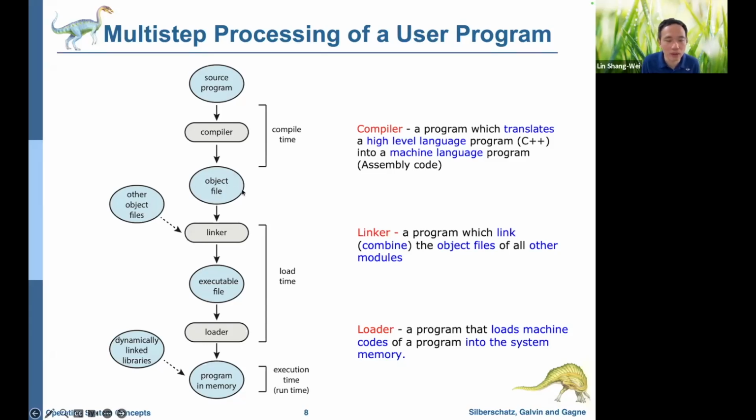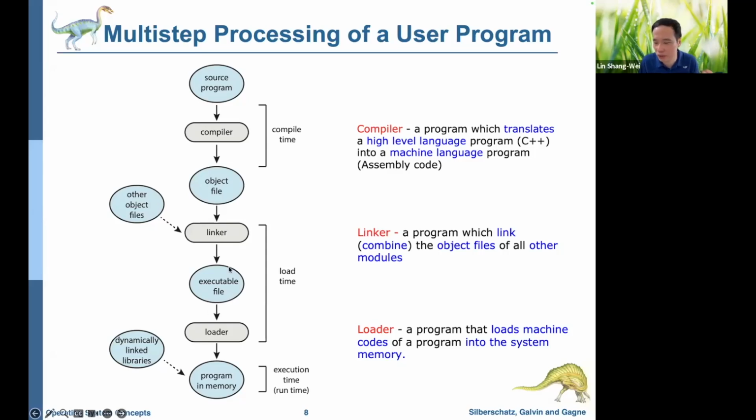Then you may need a linker to link. For example, if your program uses a library, such as for reading and writing files, then you're calling functions provided by the library. In this case, you need a linker to link the library object file together with your program to produce your executable file.